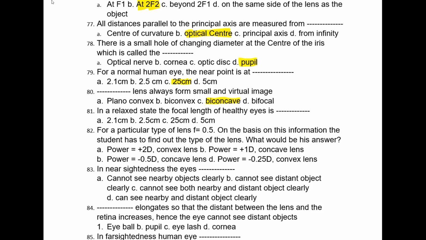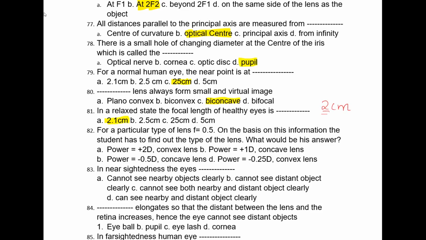We know that the focal length of a healthy human eye is about 2 centimeter, as given in the textbook. If we approximate 2.1, we will get 2 centimeter only. So the answer is option A, 2.5 centimeter.